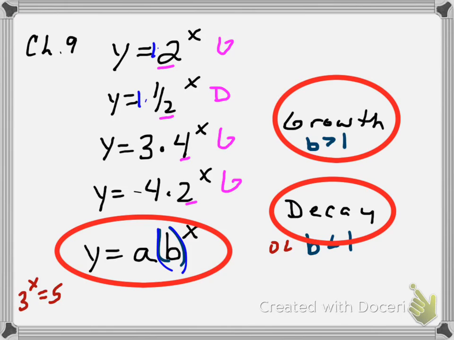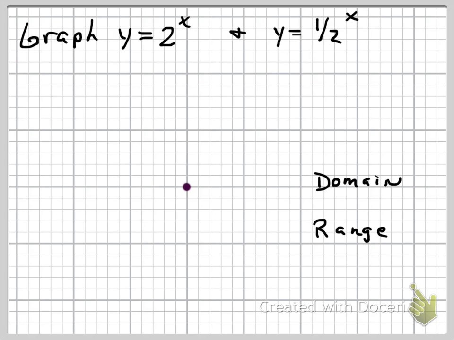All right, so now I'm going to show you these two graphs, show you how to graph them, which you already kind of know how to do. I'm going to show you the difference between a growth and a decay equation. The pieces that we're going to have to label when we're done are domain and range, something called an asymptote, which I'll show you what that means, and the y-intercept.